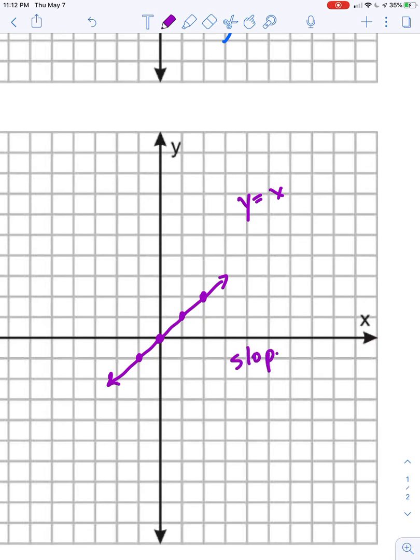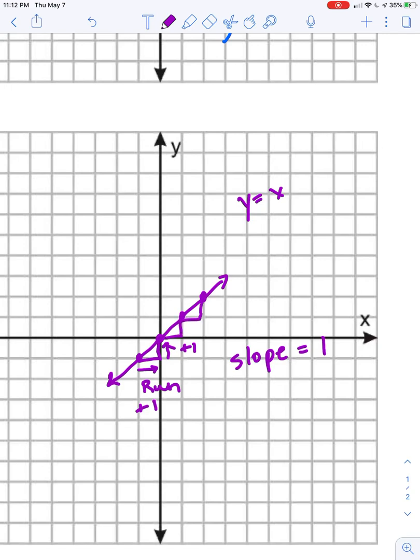The slope of this is 1. And why is that? Because a line whose rise and run have equal values will have a slope of 1. Now, if I were to draw this triangle, I would see I have a rise of 1, right? And a run of 1, positive on both of those.